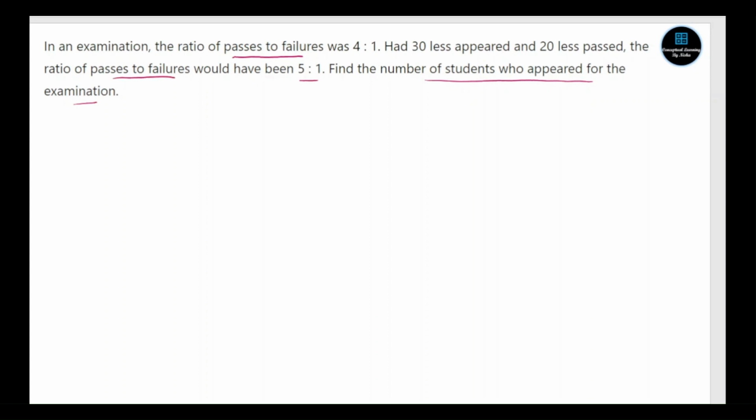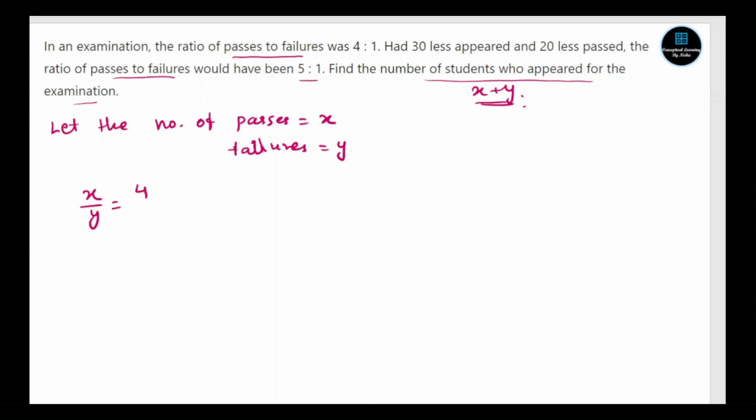So what I'll do, let the number of passes equal x and that of failures be y. So the total number of students is x plus y. Okay, understand this. Now they have given the first ratio, x to y becomes 4 to 1 and I get my first equation which is x minus 4y equals 0.